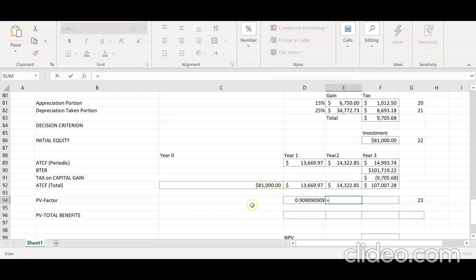Same as here, we're going to use the same formula, 1 divided by, open parentheses, 1 plus $D$29, close parentheses, and then multiply by 2.